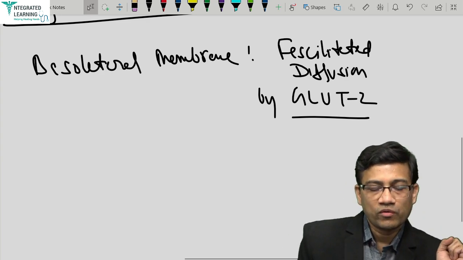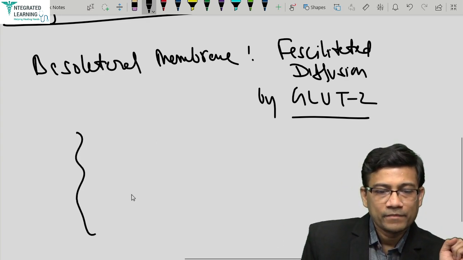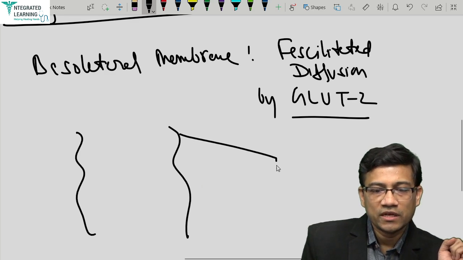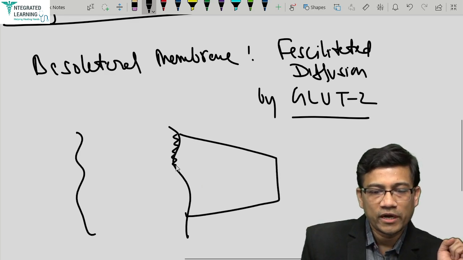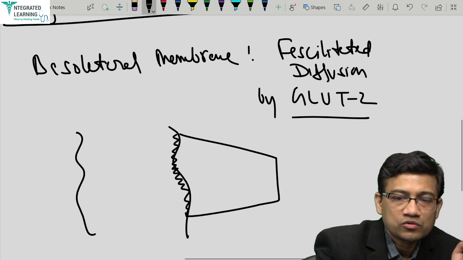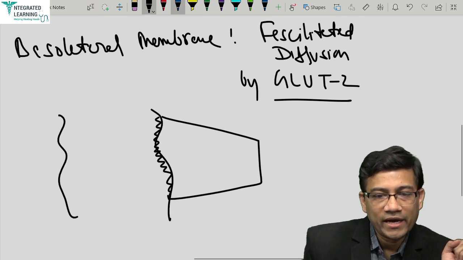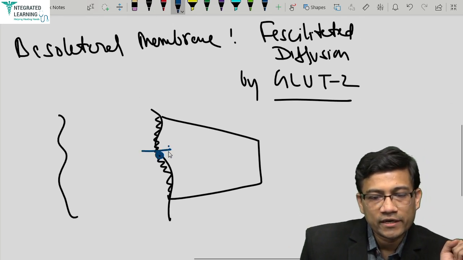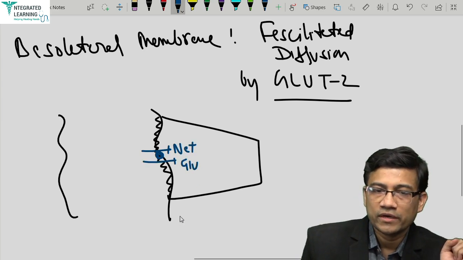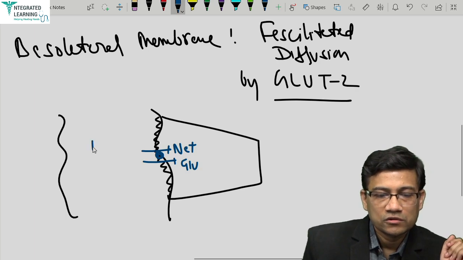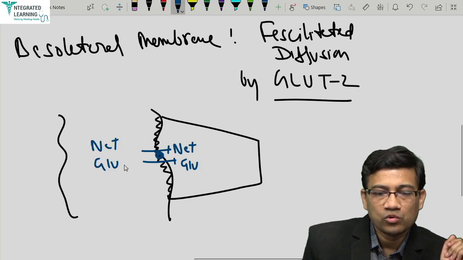Okay, so what is the simple summary? This is the lumen, this is the cell, PCT cell with brush border epithelial lining. Okay, so first, how do they enter the cell? They both enter the cell via sodium and glucose symport. So this is the luminal border, and both sodium and glucose enter.